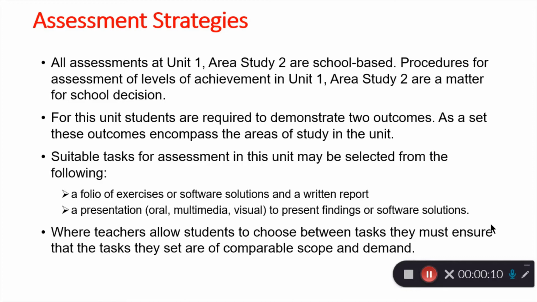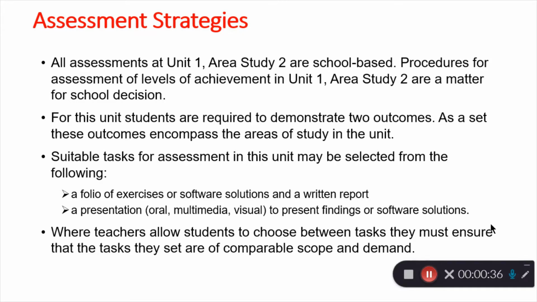All assessments at Unit 1, Area of Study 2 are school-based. Procedures for assessment of levels of achievement in Unit 1, Area of Study 2 are a matter of school decision. For this unit, students are required to demonstrate two outcomes. A set of these outcomes encompass the areas of study in the unit.